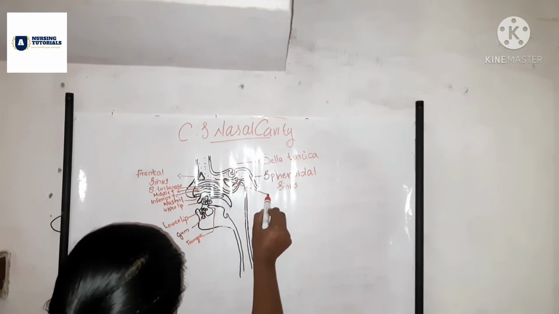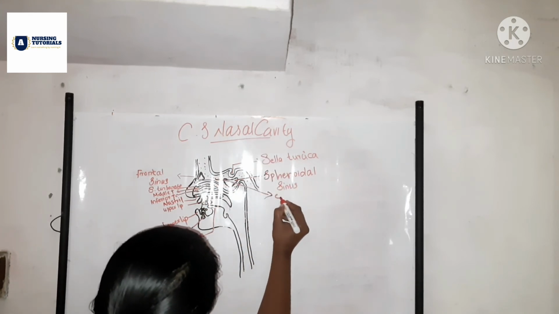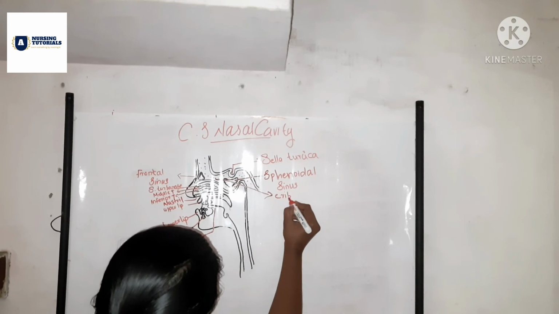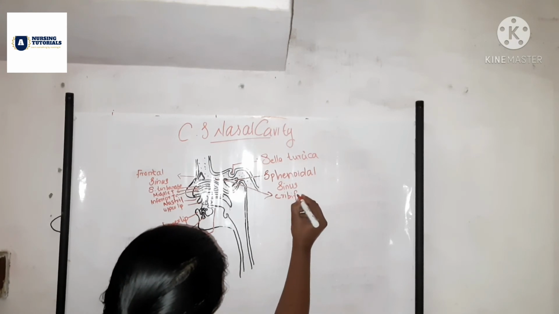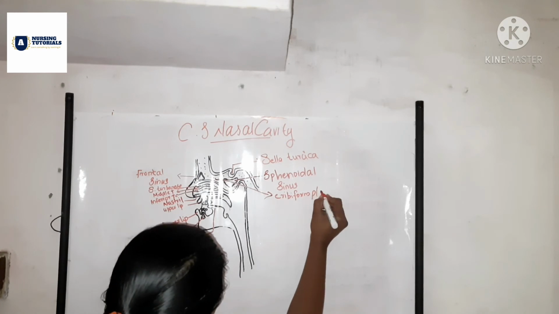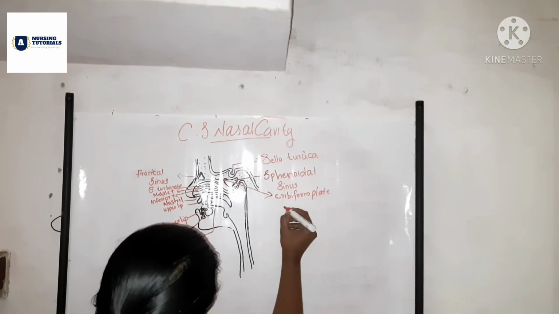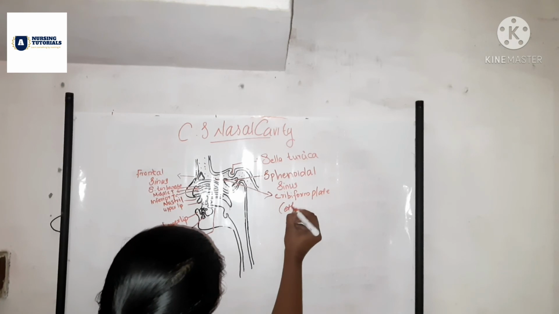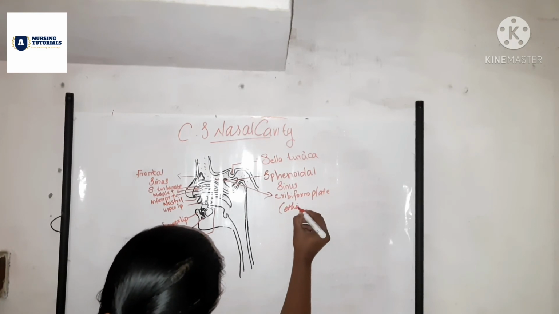And this is the cribriform plate, otherwise known as the ethmoidal plate. Cribriform plate, otherwise known as the ethmoidal plate.